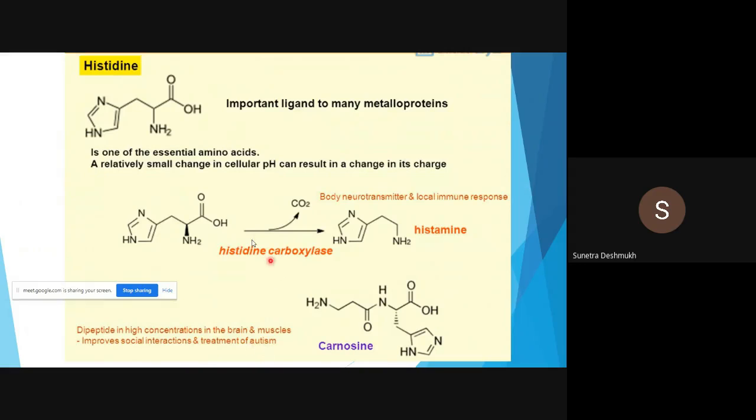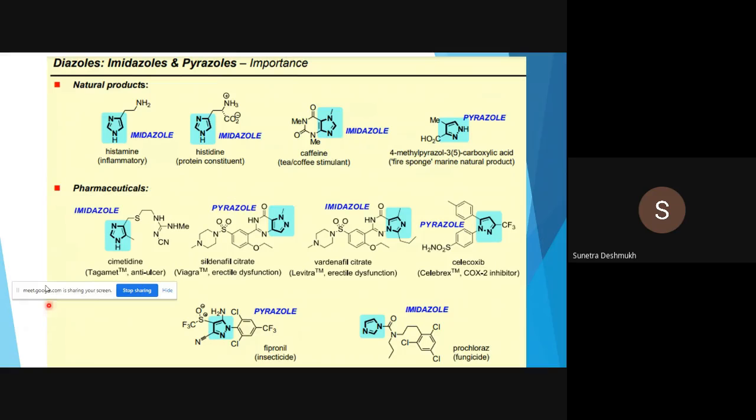See how these heterocycles are present in different forms in living species. Some other important molecules contain diazoles like pyrazole and imidazole, and they are present in natural products, pharmaceuticals and agrochemicals, which I have listed here.